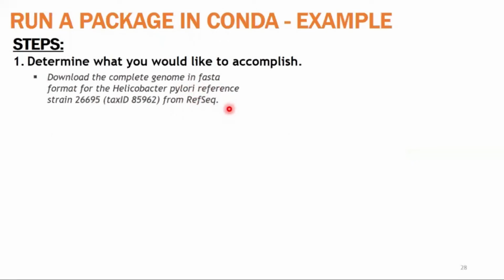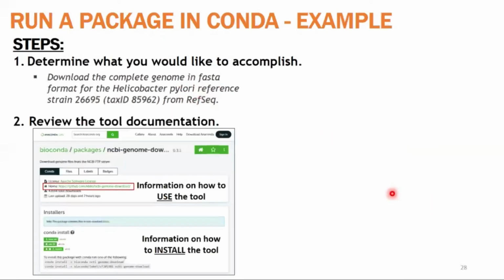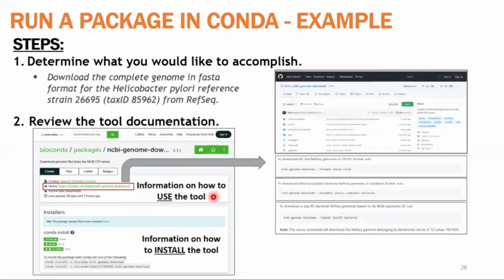Now, the next step is to review the tool documentation to see how I can actually accomplish this task. This information can be obtained from the Anaconda Cloud by clicking on that GitHub link in the section of the information on how to use the tool. This will take you to the online tool documentation where you can scroll through the documentation until you come across some information that may be of use to you.